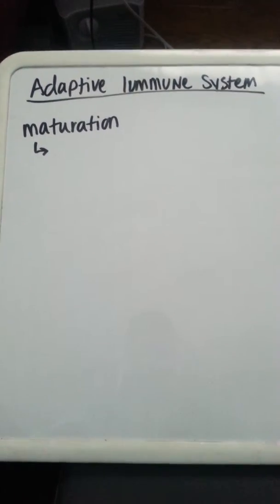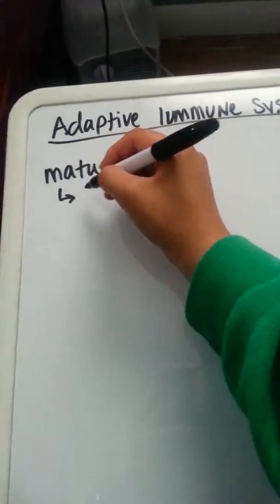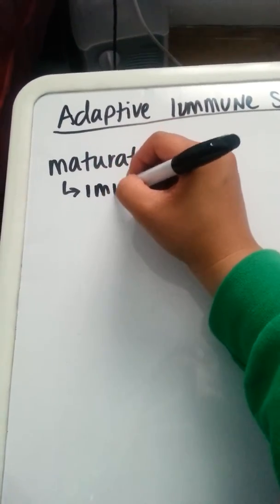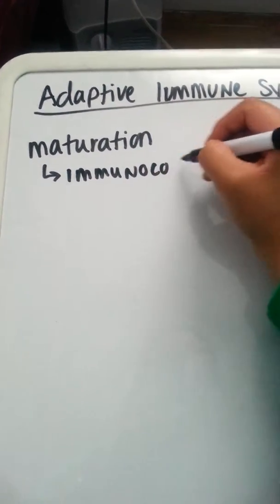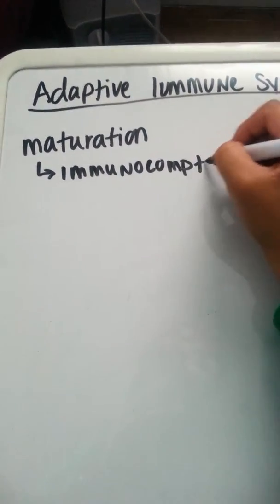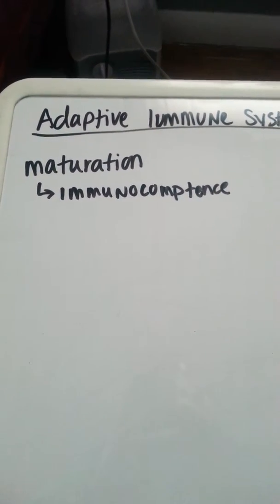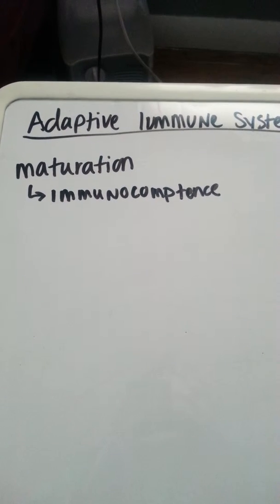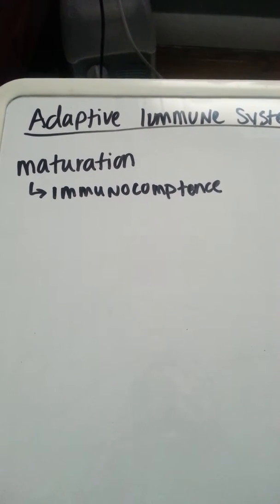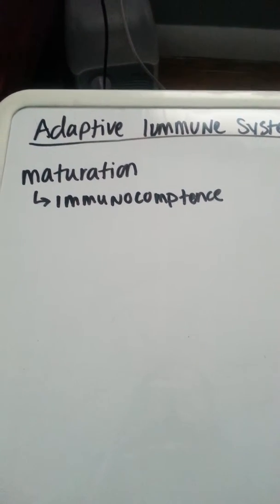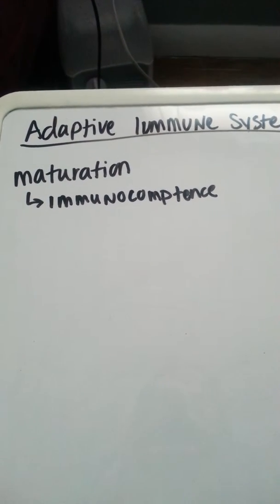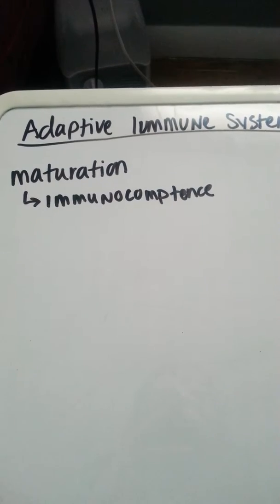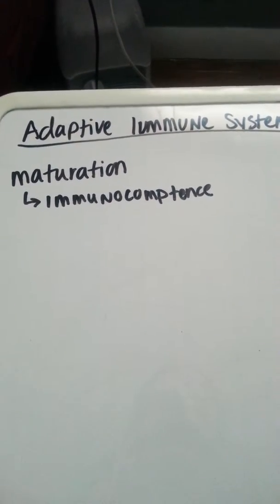Okay, so the next is maturation. We're going to talk about immunocompetence, which is being able to recognize and bind to a specific antigen. I'm talking about the maturation of lymphocytes.